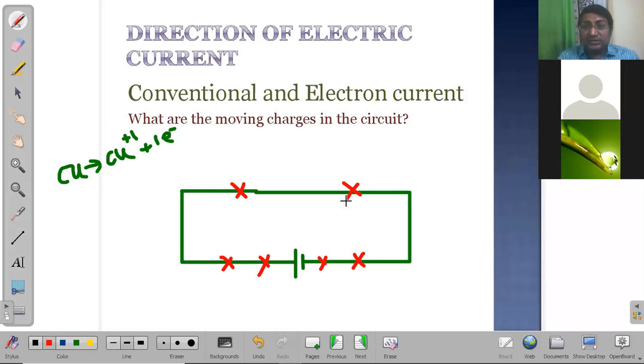Which direction do you think the electrons are moving? Are electrons moving from battery positive to negative in this direction, or do you think electrons are moving from battery negative to positive? That's my question, guys. Let me check the chat window.